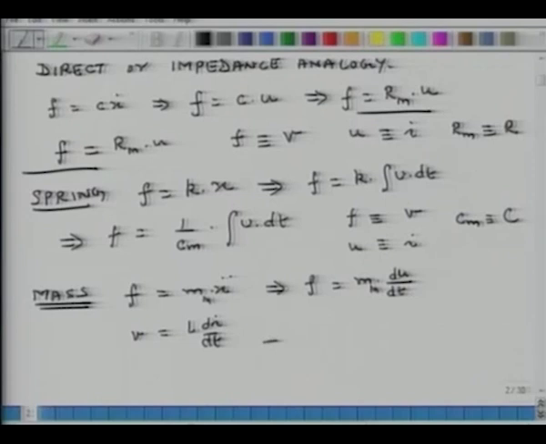So again, my force looks similar to voltage, u looks similar to current, and my moving mass mm looks similar to inductance. So this is my other analogy.